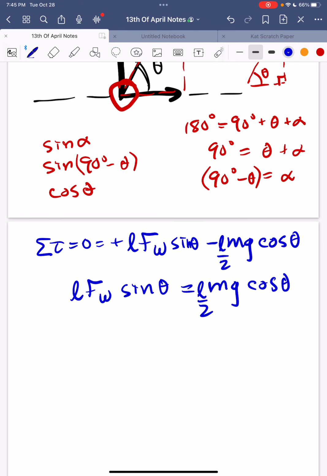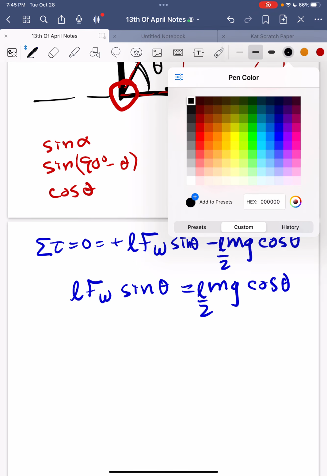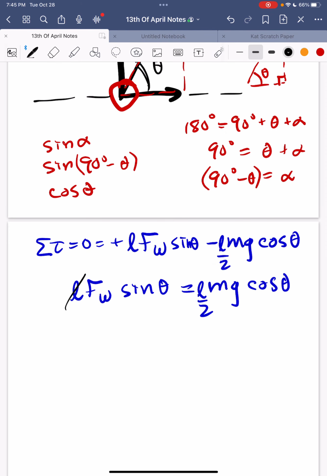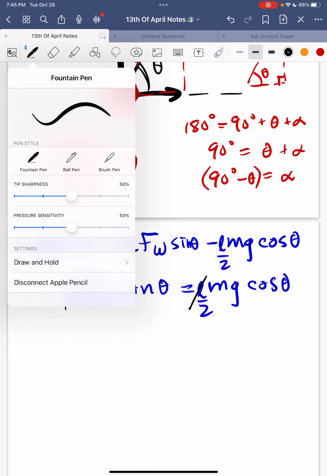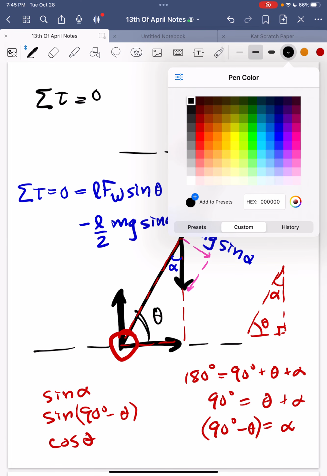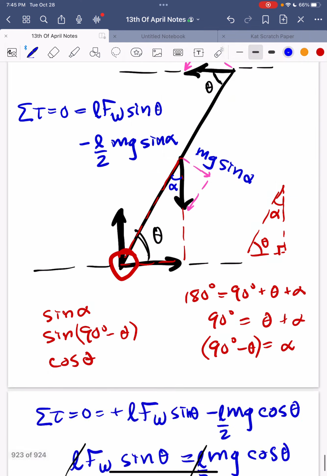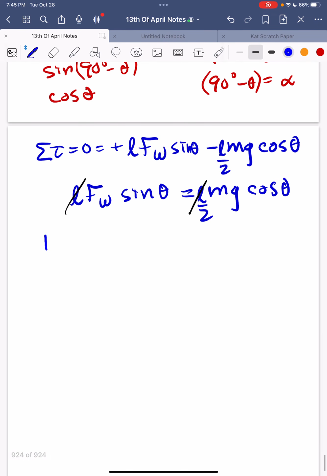Now I can cancel things. Let me go back to my black marker here. I can cancel this L with that L. And I can now say the force of the wall times sine theta equals mg times cosine theta.